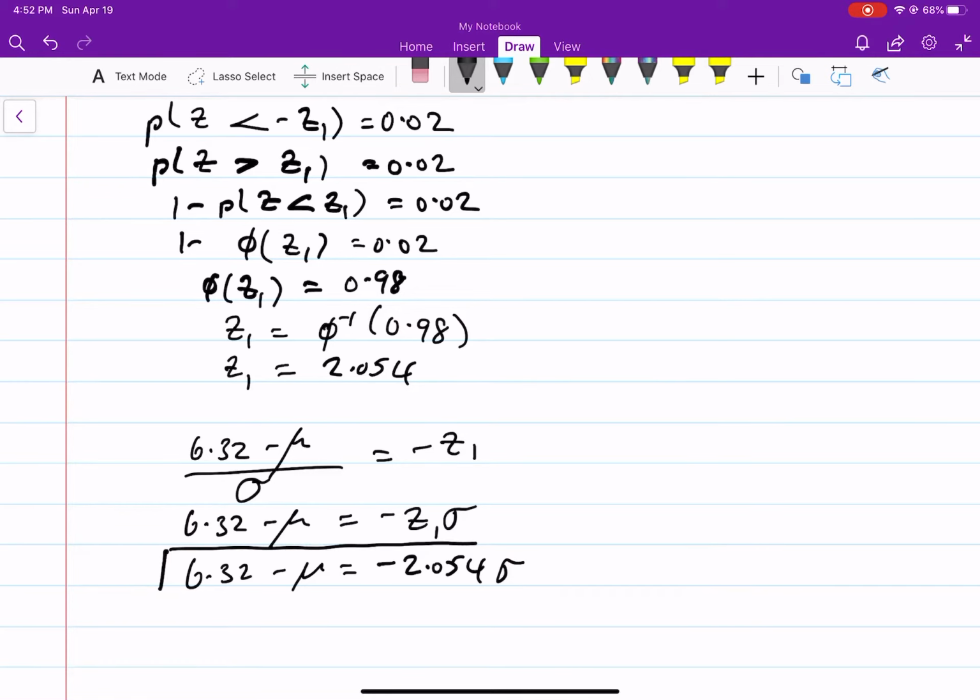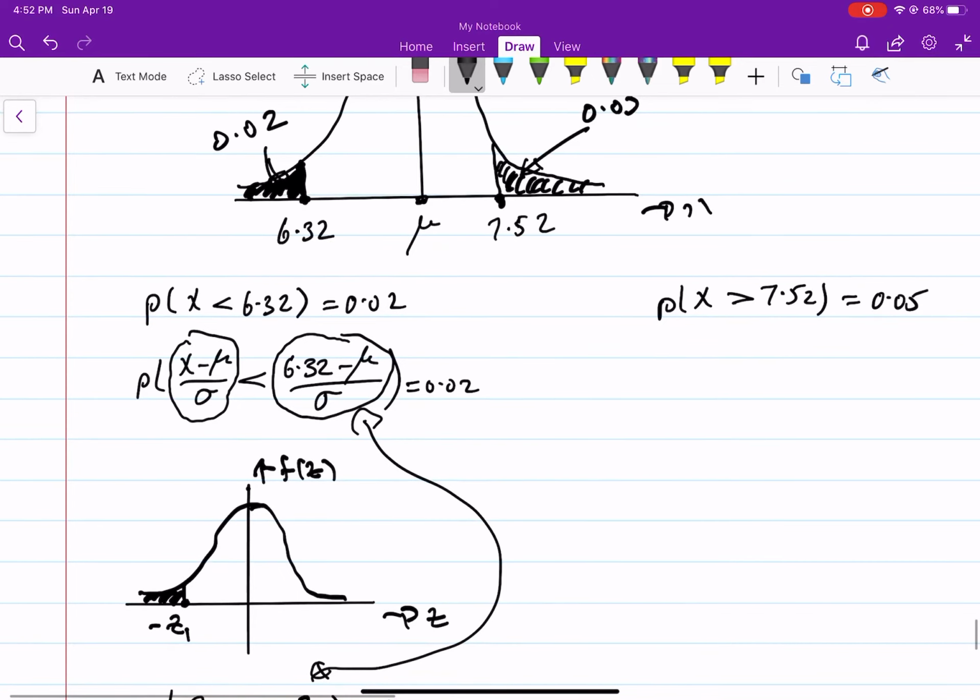That's one equation in two unknowns, mu and sigma. Hope my algebra there is right. We're going to go to the second one and do something similar.